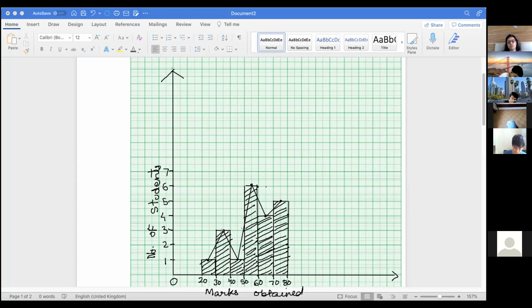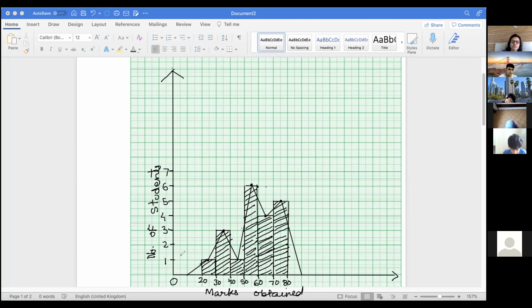Now you can name these points also. First and last also, you should place a midpoint over here, and here again. So now the polygon is complete.